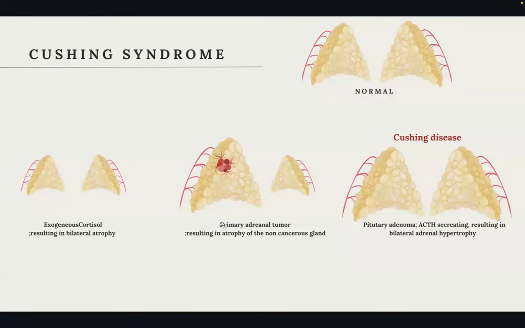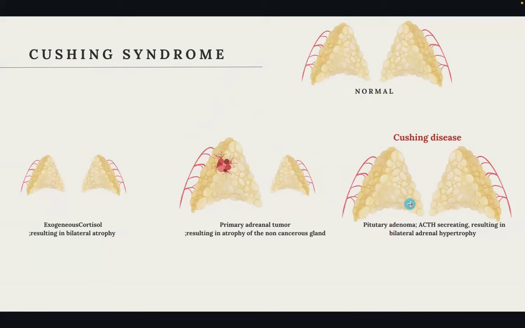This will also cause feedback inhibition in my pituitary to cause a decrease in ACTH. But the only thing that's going to be affected is my non-cancerous adrenal gland. And again, it's a whole feedback cycle because I'm still not inhibiting my cancerous tumor. It's still producing cortisol. I'm still pumping out no ACTH, causing atrophy of the unaffected gland.